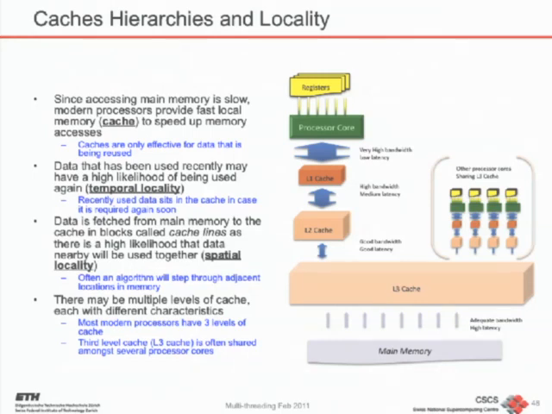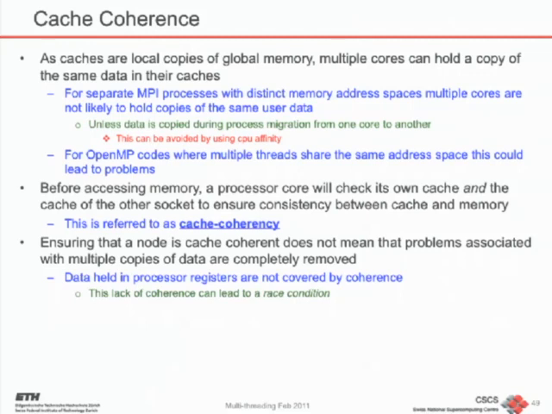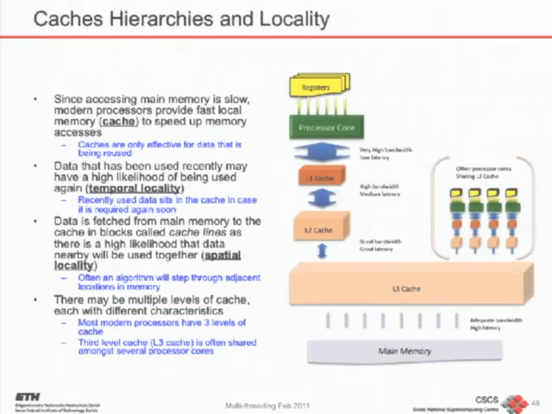And we have 2 types of locality as we refer to it. One is temporal locality. If we've used something recently, if it's in the cache, we can use it again. So recently used data will sit in that cache. And then also, when we make a load to main memory, because we have these cache-based systems, we never load one item at a time, we load in a big block.